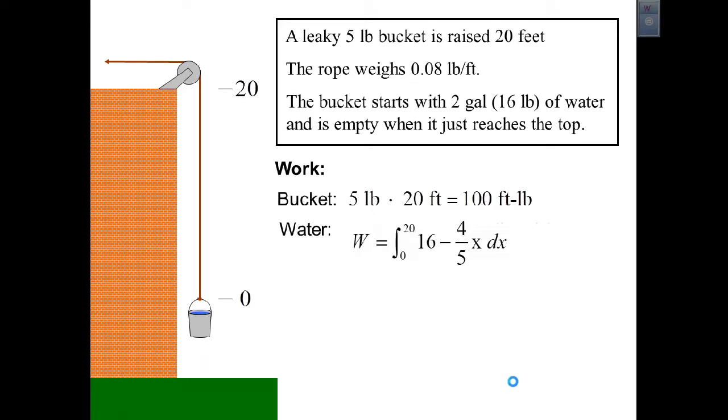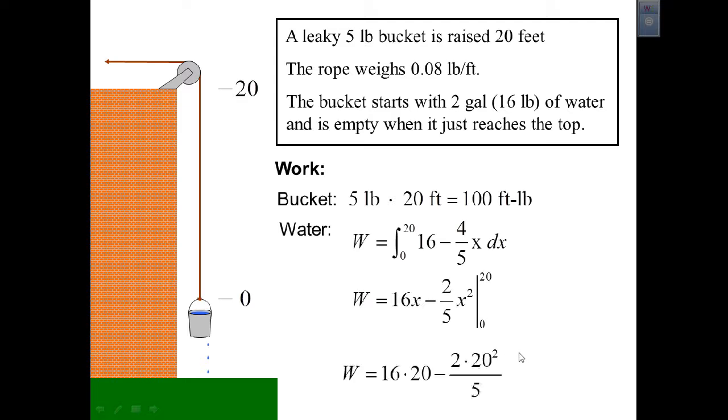And then, of course, we can integrate that and evaluate it from 0 to 20, and we get 160 foot-pounds. So it's going to take 160 foot-pounds to raise the water that's leaking out from here to there.